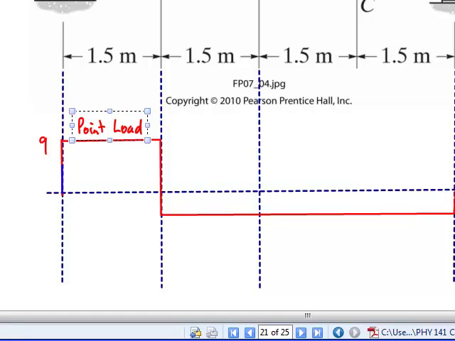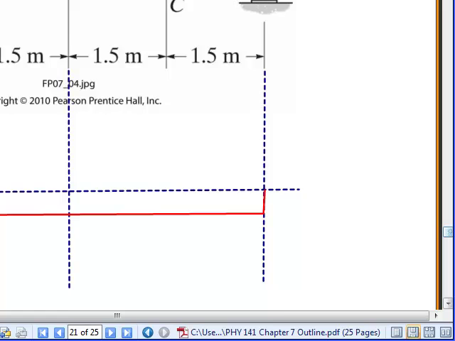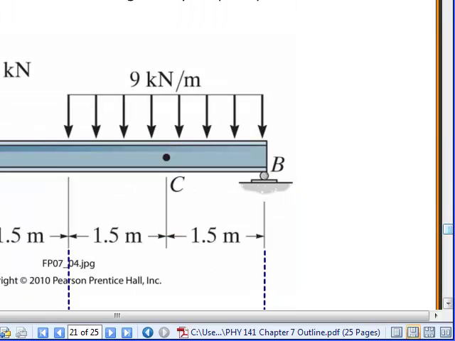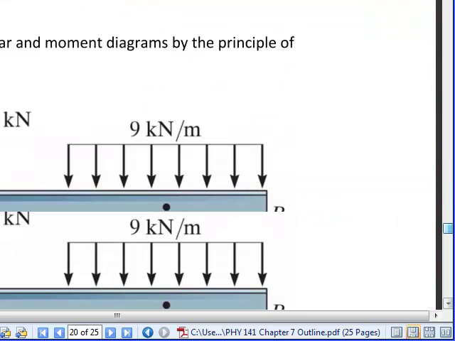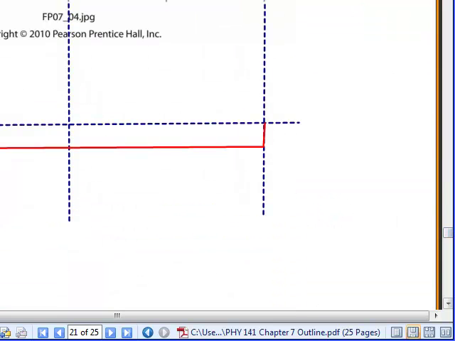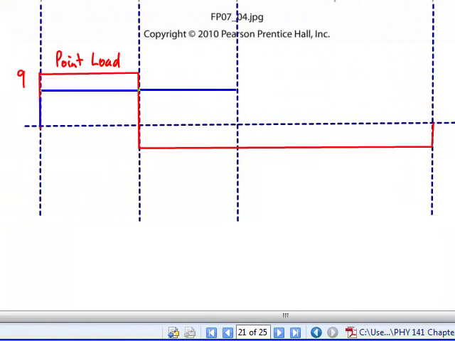And then what happens from that point? Right, the shear force does not change because there's no distributed loading and there's no point loading for the first 3 meters, right? Because we're looking at this diagram now. So nothing happens for 3 meters. And then what happens?